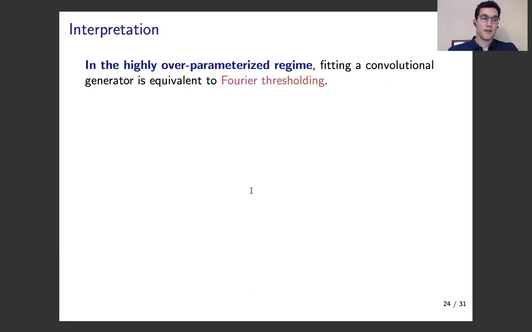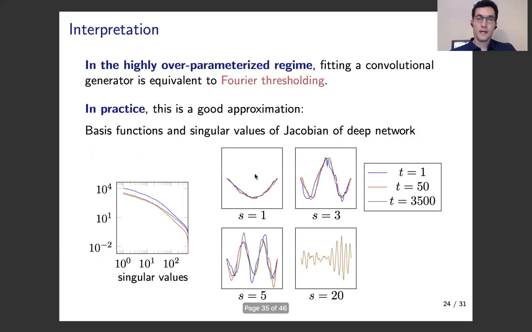But in practice, this network works much better. So something gets lost in this analysis, unfortunately. But in practice, this way of thinking about what the network does is actually a really good approximation, and that's something we can see from this simulation here.